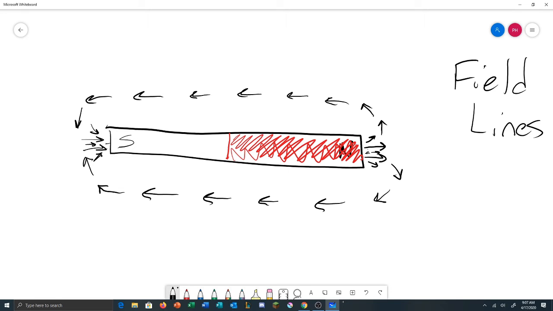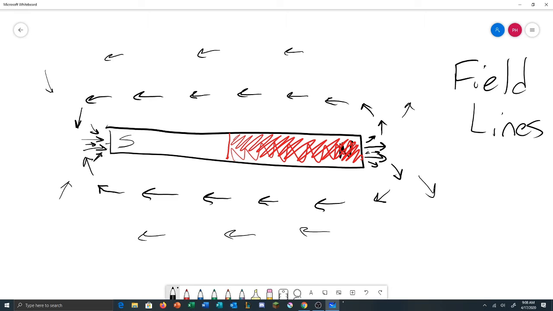And as you get further out, the arrows become farther and farther away from each other. That's how they show how strong something is.